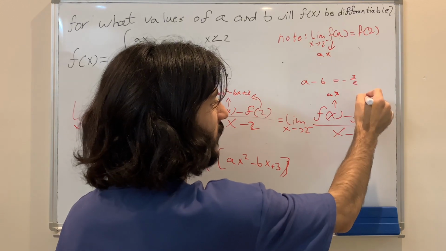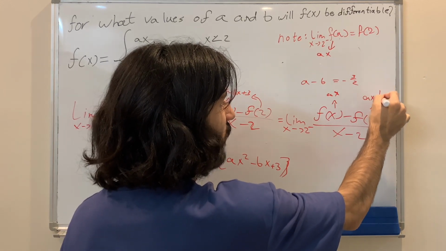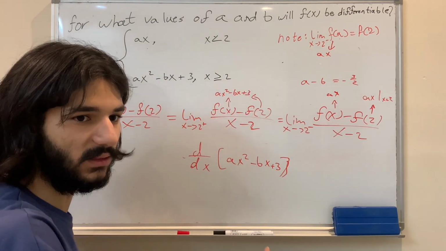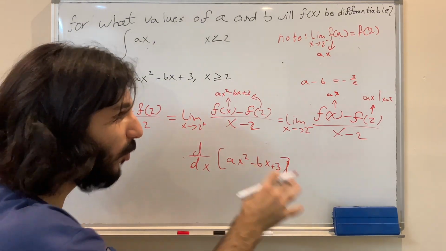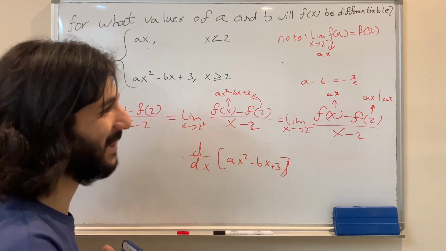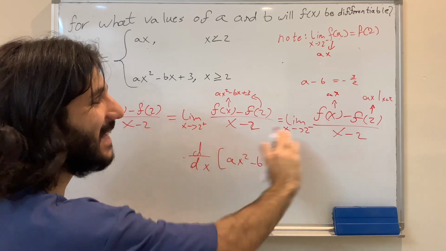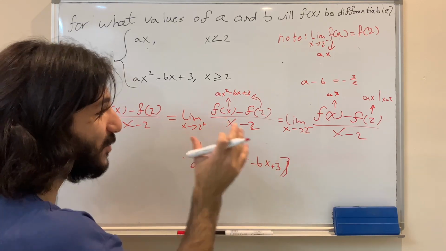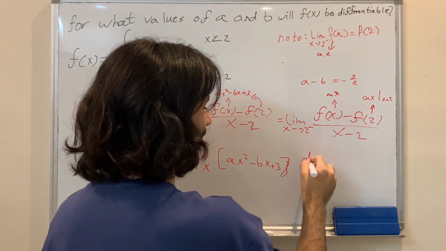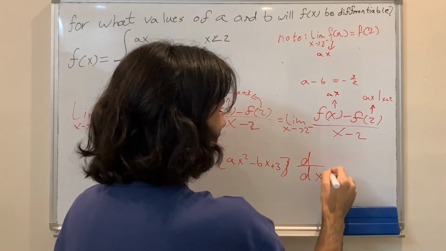So f of 2 equals ax evaluated at x equals 2. Now obviously these derivatives only work at that point, and only at that point. You can't just set them equal at any other point. It's just for x equals 2. That's why it works.